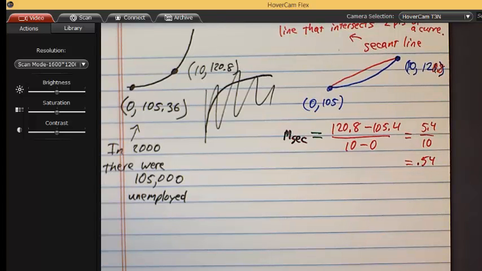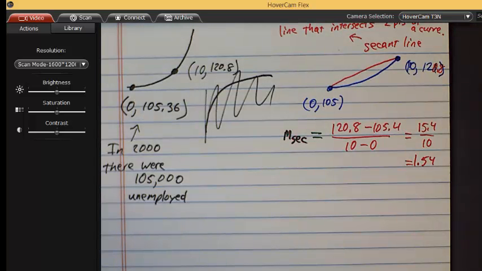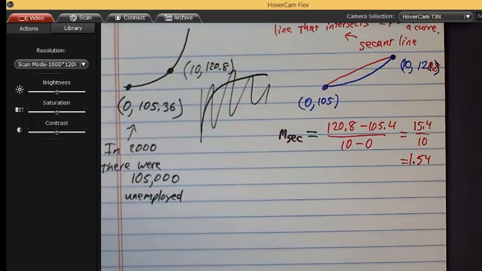Right? What are the units for that slope? Oh, no, not 0.54. 15.4. So I get 1.54. 1.54, but my question again is, what are the units? 1.54 what? Jobs lost per year.